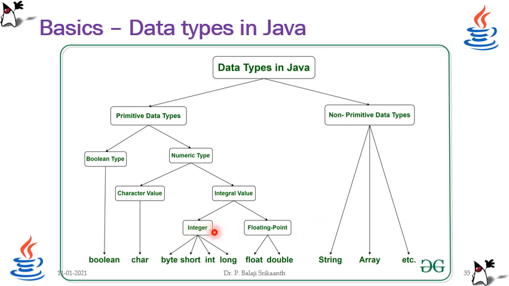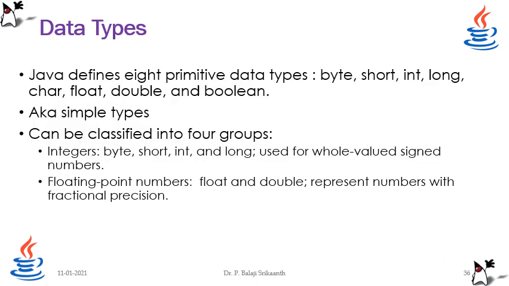Integer will not contain any decimal points, whereas floating point will contain decimal points, and it is used for representing precise values. In integer, we have other subtypes such as byte, short, int, long. In floating point, we have two types, namely float and double. The data types, whatever I have shown pictorially, I have given the description here in the slide.